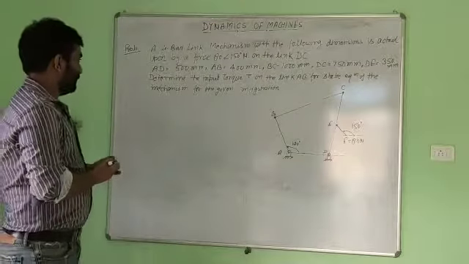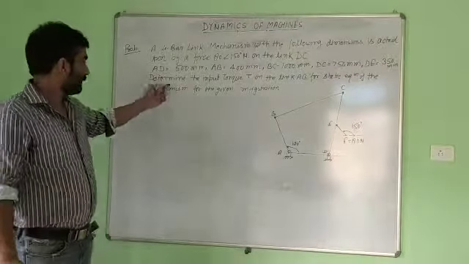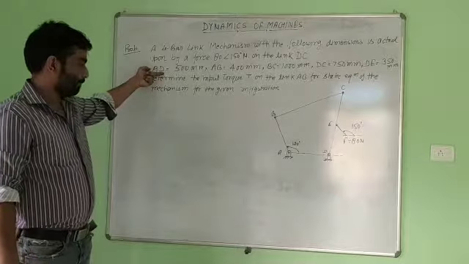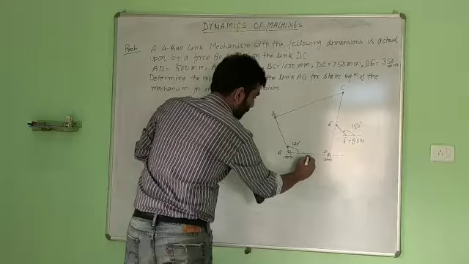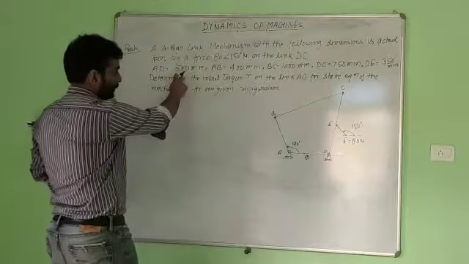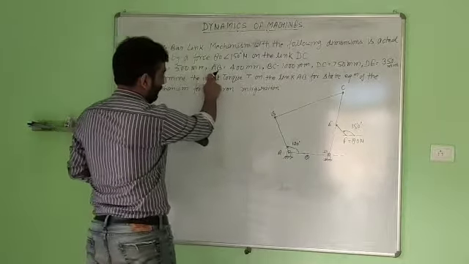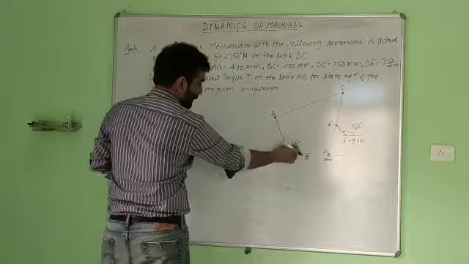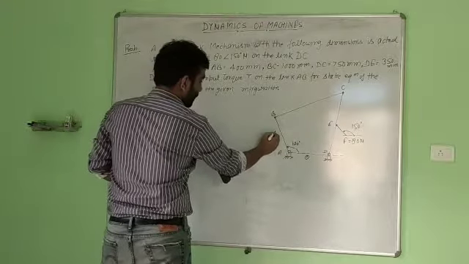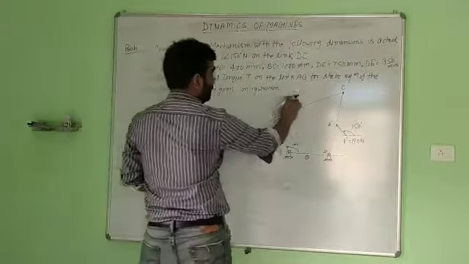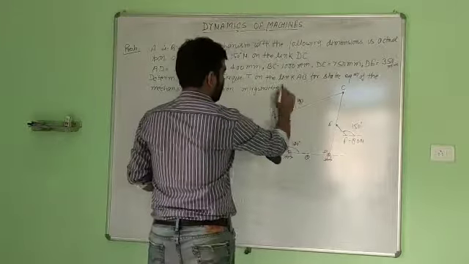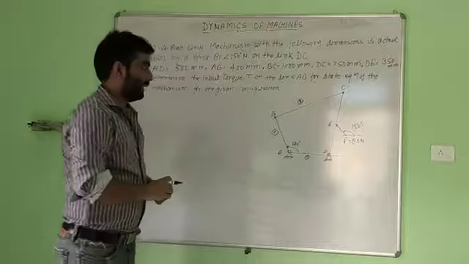Okay, the dimensions of the mechanism are given. Link number 1, AD, is 500 mm. Then angle at A, between AD and AB, is 120 degree. Then link 2, AB, is 400 mm. Then link 3, BC, is 1000 mm.